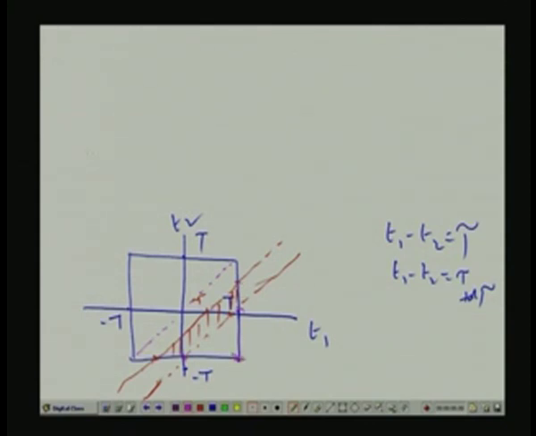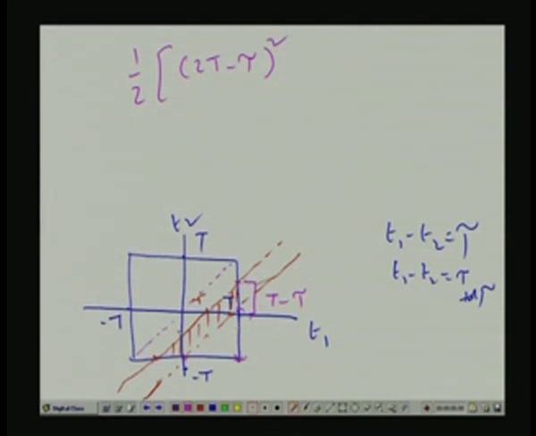Now, look at this straight line t1 minus t2 equal to tau. When t1 equals capital T, then this is T minus tau, this is T minus tau, and this is T. So, this length is 2T minus tau, and therefore this length is 2T minus tau. So, I have got half (2T minus tau) square, this is the area.